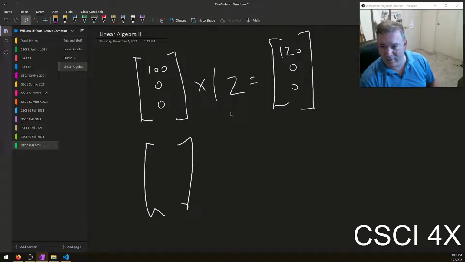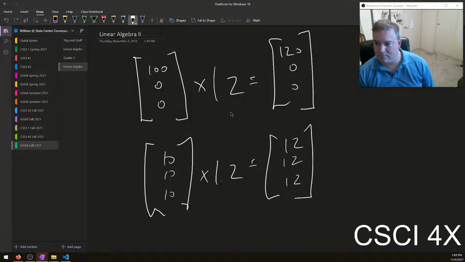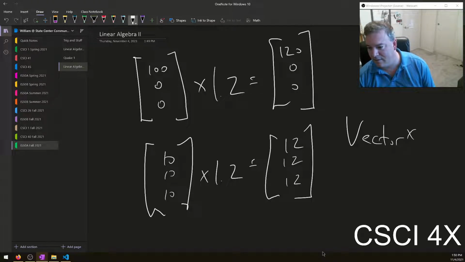If the velocity was 10 east and 10 up and 10 in, and you multiply it by 1.2, it becomes 12, 12, 12. So however fast it's traveling east and west gets increased by 20%. However fast it's moving up and down gets increased by 20%. How fast it's moving in and out gets increased by 20%. You guys understand? So this is a vector times a scalar. You just increase all the elements of the vector by that amount.